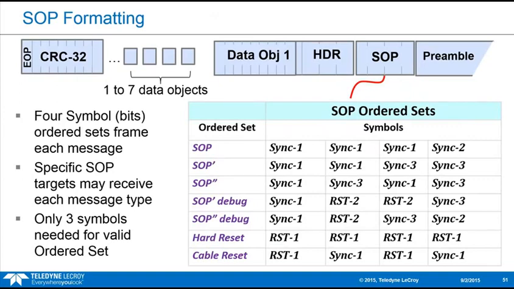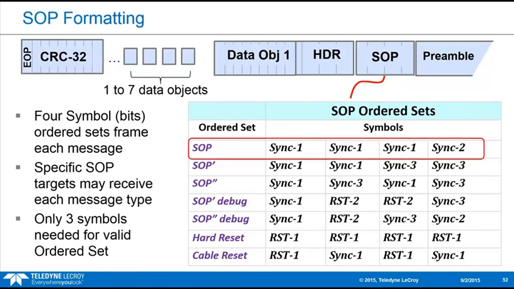Okay, this is pretty simple. The startup packet ordered set is the first bits after a preamble. This is your SOP delimiter. It has a slightly different encoding when targeting an E-marked cable. Most of your SOP traffic, as I said, will have the sync 1112 encoding targeted at the far end, but the SOP prime and the SOP double prime, again, are only going to be used when talking directly to the cable.